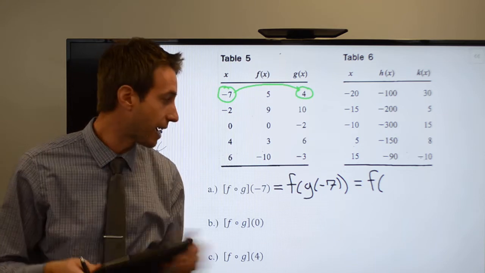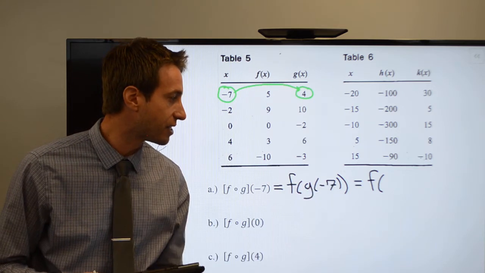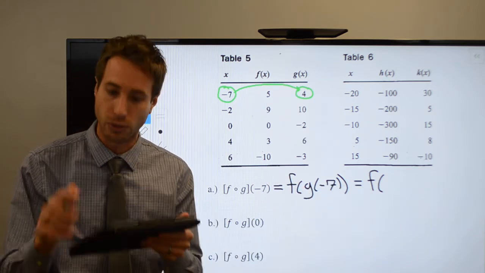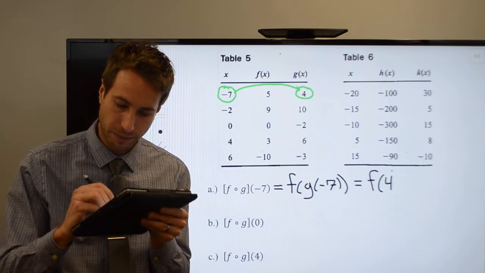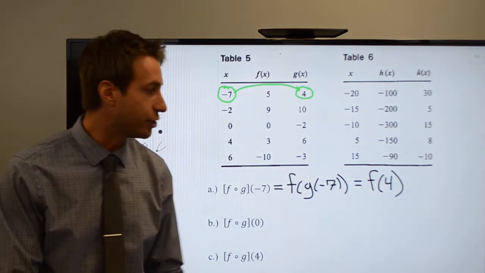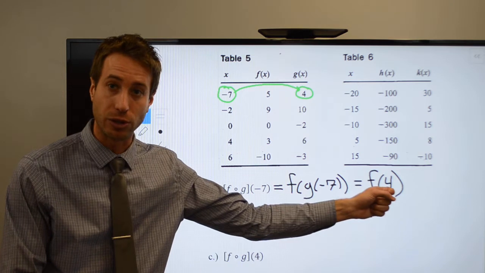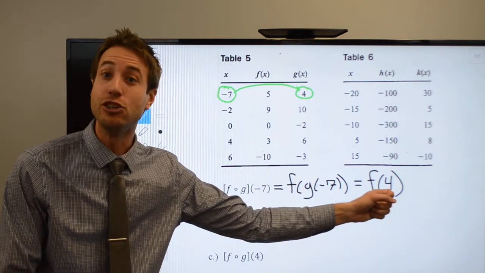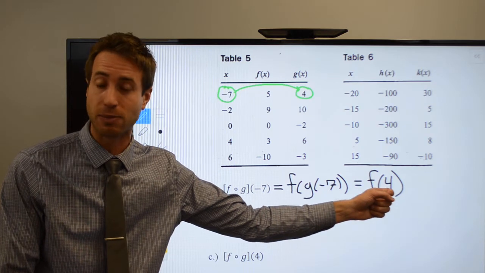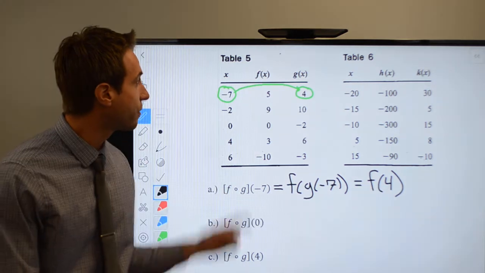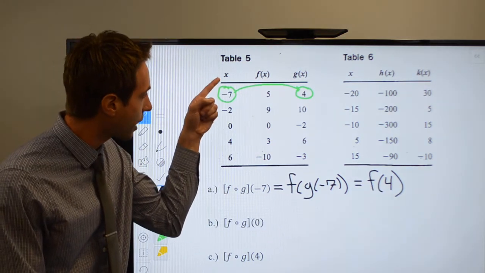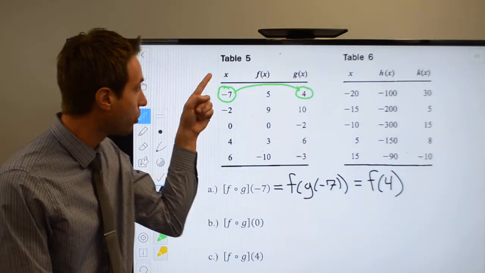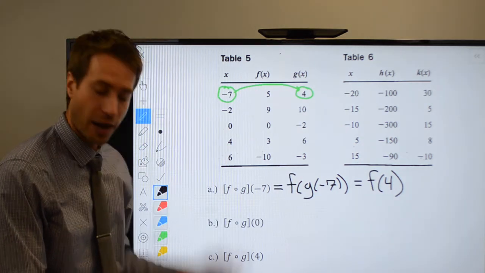So g of negative 7 is equal to 4. Well, now what we do is we take that value and plug it into f. So 4 is my new domain value. That's my new x. I need to find that new value of x, which is 4. There it is right there.